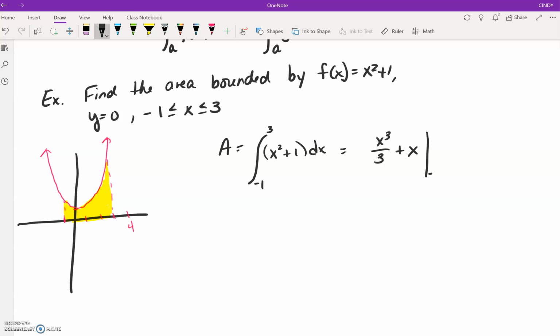We're trying to evaluate that between -1 and 3, which gives me 27 over 3 plus 3 minus -1/3 minus 1. Put all that together, I get 40/3. That's it.